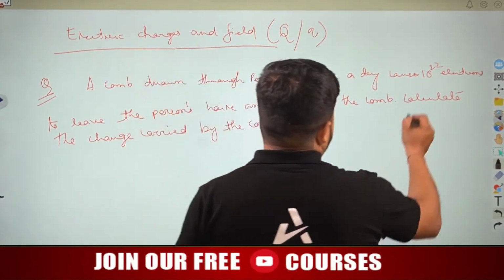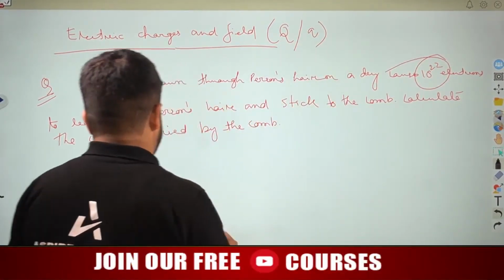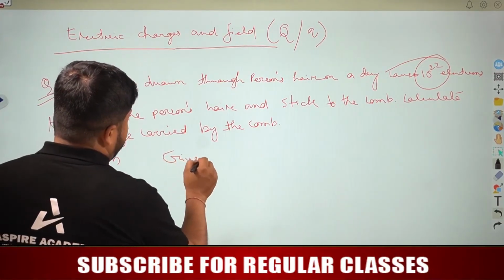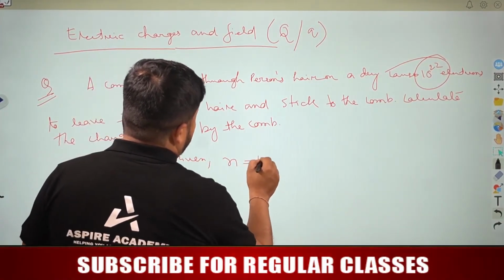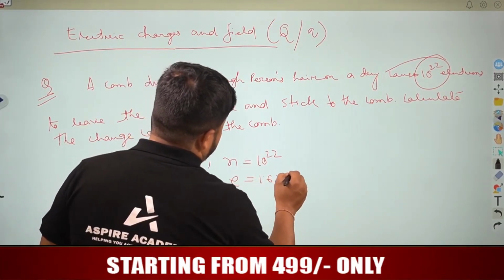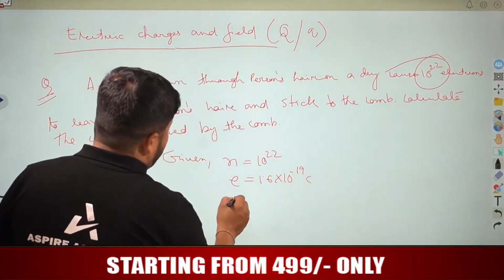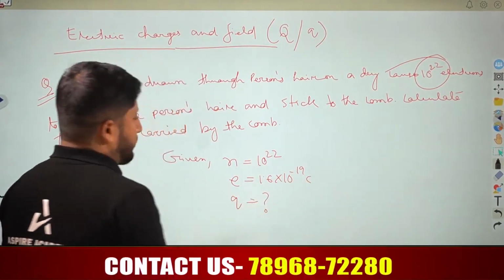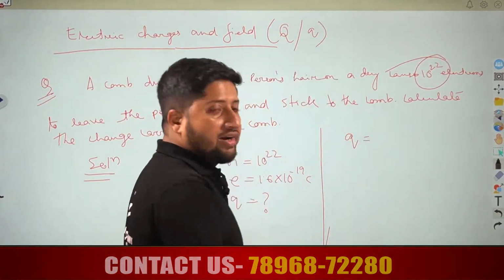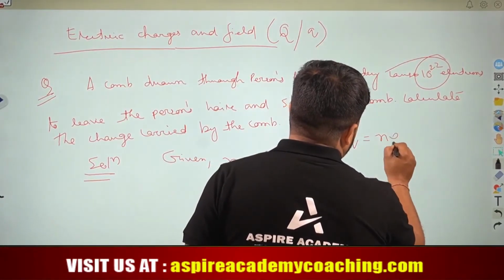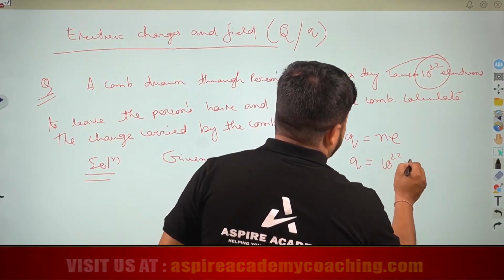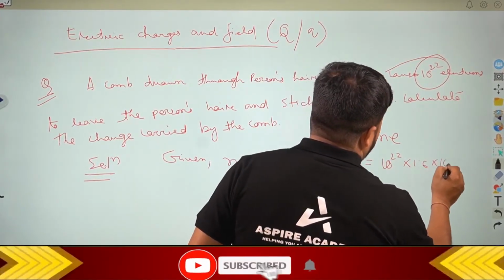So here we have 10 to the power 22 electrons. How can you solve this numerical? First of all, given N is equal to 10 to the power 22 electrons. We know that e is always constant, 1.6 into 10 to the power minus 19 coulomb. Then Q, the total charge, we have to calculate. According to the quantization condition, Q is equal to NE. So Q is equal to 10 to the power 22 into 1.6 into 10 to the power minus 19.